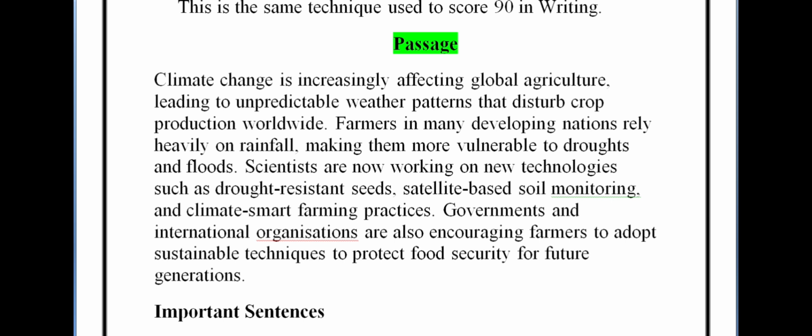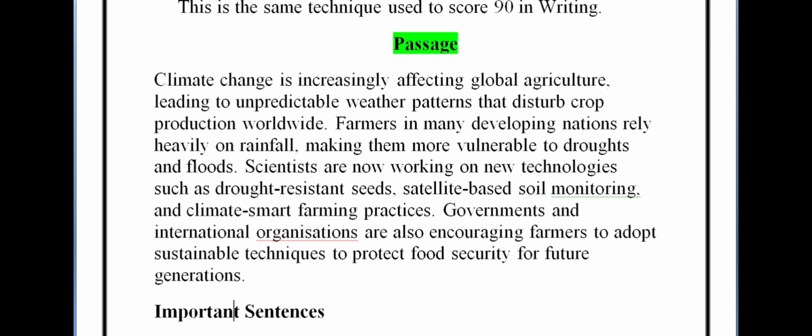Scientists are now working on new technology such as drought resistant seeds, satellite based soil monitoring, and climate smart farming practices. Governments and international organizations are also encouraging farmers to adopt sustainable techniques to protect food security for future generations.